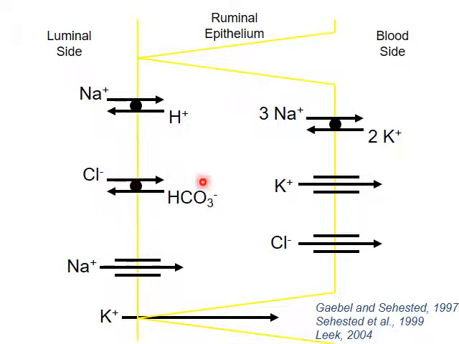Once chloride is inside the cell, it's going to fall out to the blood. So you can see that sodium is going to get to the blood, potassium is going to get to the blood, and chloride is going to get to the blood. So you're seeing an active process. Our VFAs are going to go in conjunction with these electrolytes.